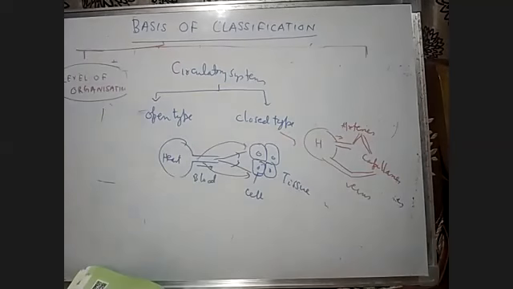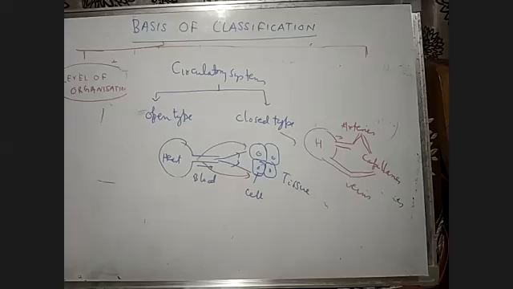In the closed type, we find that the blood flows from the heart through a series of vessels, and these vessels have different diameters. Arteries have a different diameter, capillaries have a different diameter, veins have a different diameter.